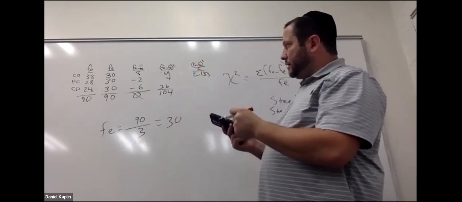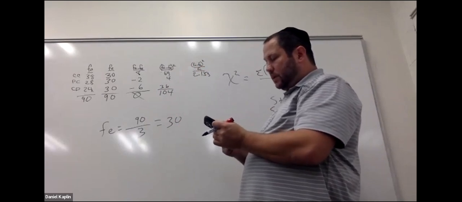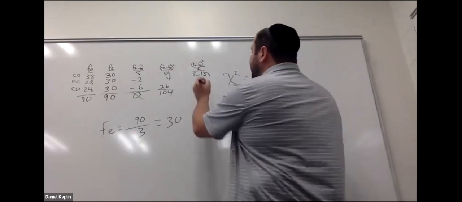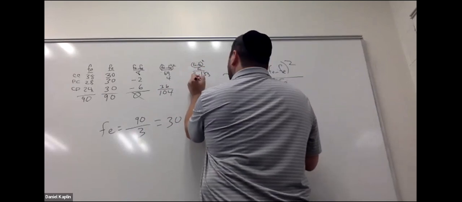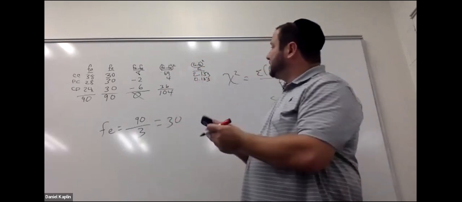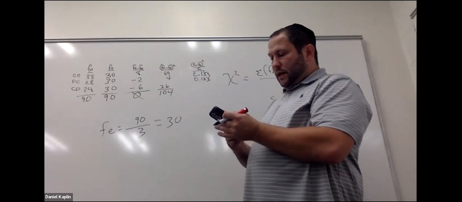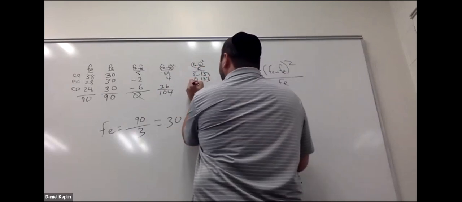The next one I'm going to do is 4 divided by 30. And I'm going to get something that looks like 0.133. And then I'm going to do my last one, which is 36 divided by 30. And I'm going to get 1.200.